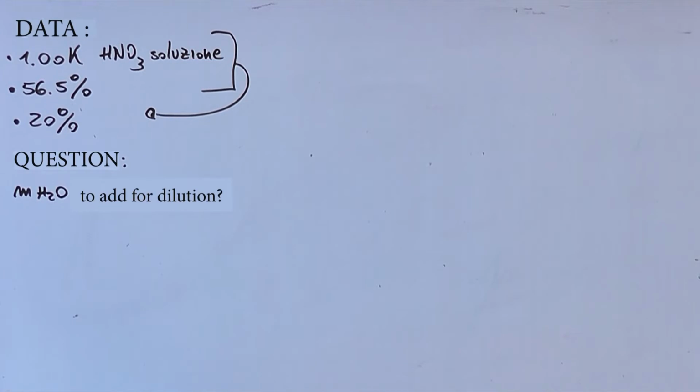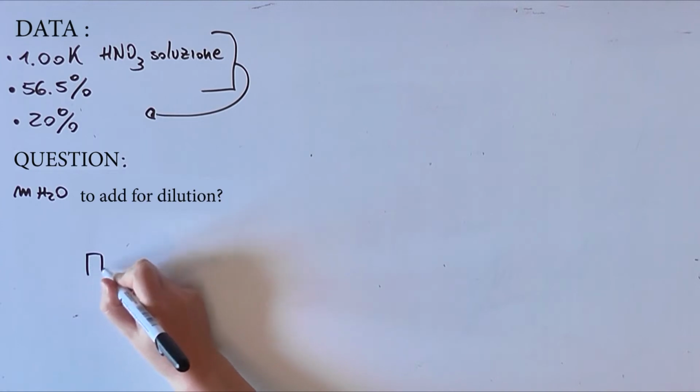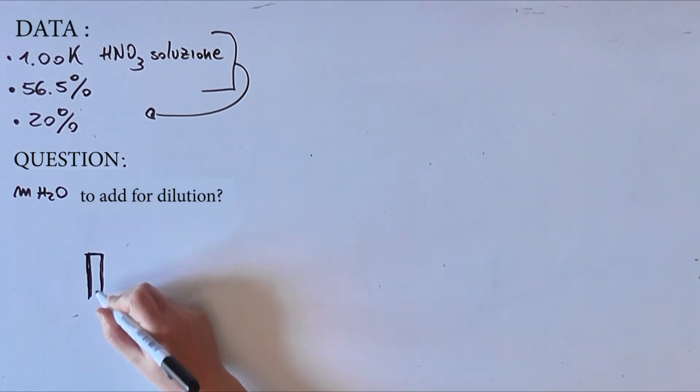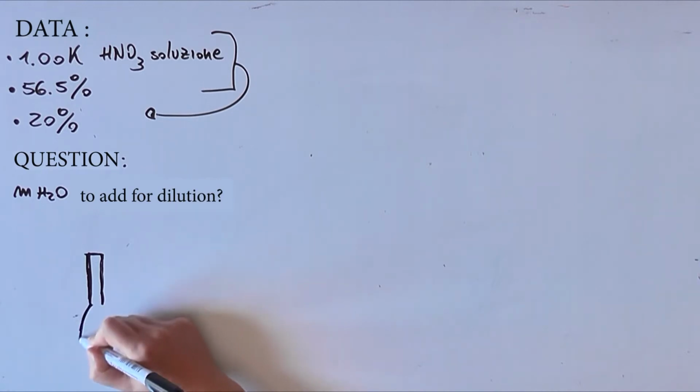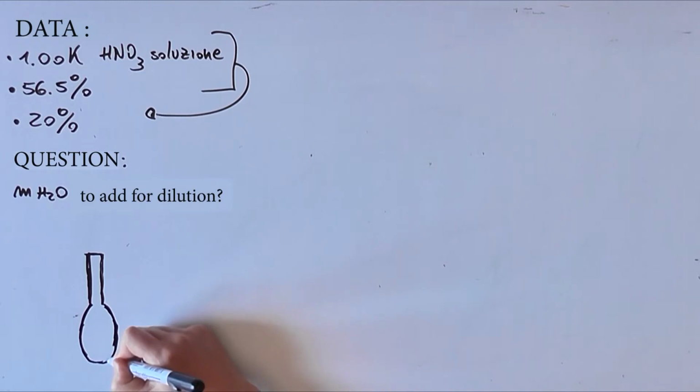First, we have to understand what this problem requires. Let's draw a volumetric flask this time to figure out what we have to do. So this is our volumetric flask, which has a longer neck.